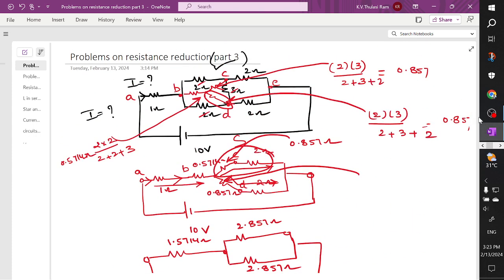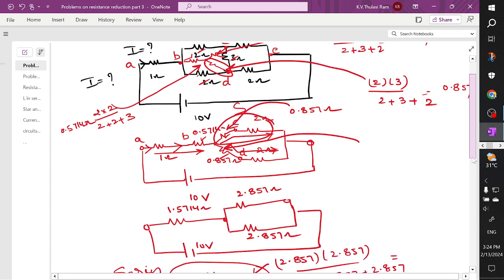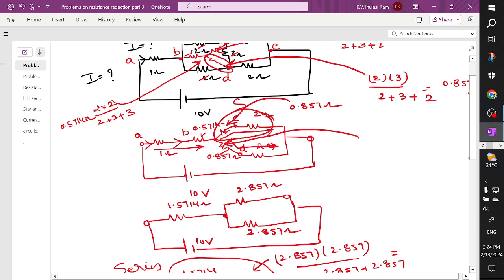So let's try to recall the things. This network is similar to a delta network. The 2, 2, 3 are connected like a delta network. We transform the delta to a star network. We got these three values, and after converting as per the given formula, you can see these two are in series, I drew a single resistor. These two are again in series, I drew a single resistor. These two are in series, I drew a single resistor.